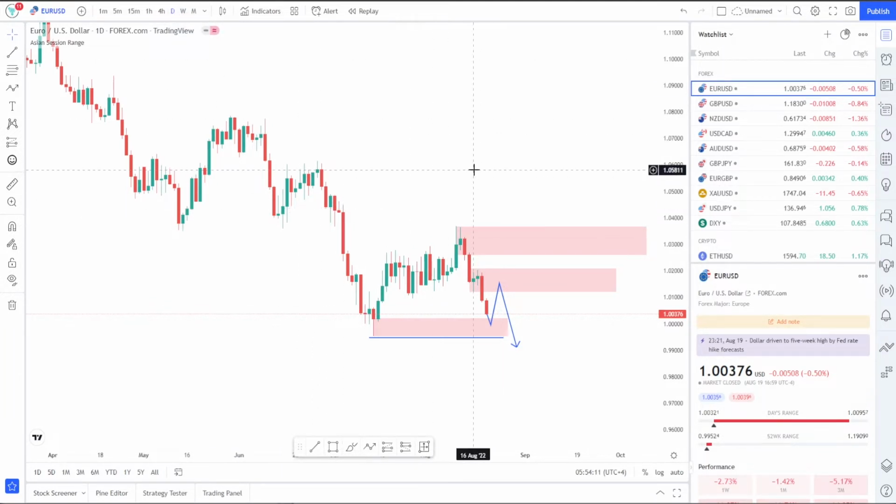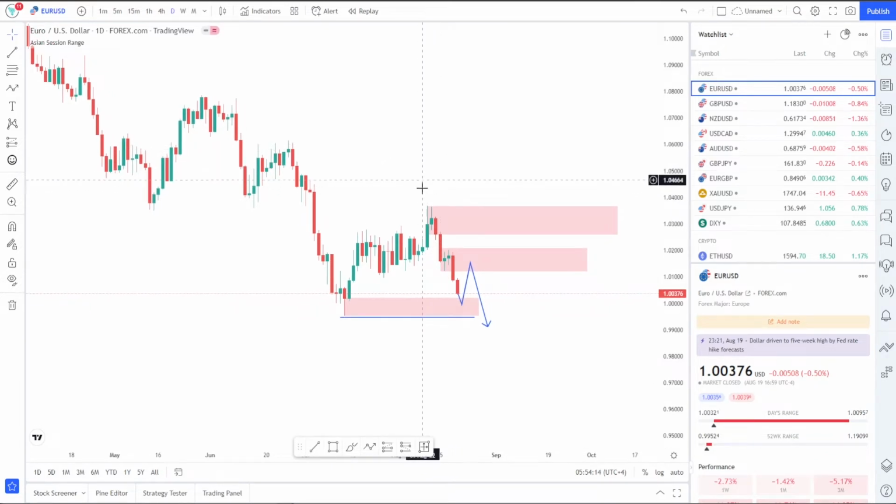Now what POIs do I expect? I expect Eurusd to potentially bounce off this area, but I know this area of demand is not very strong, as the external trend is bearish on Eurusd.